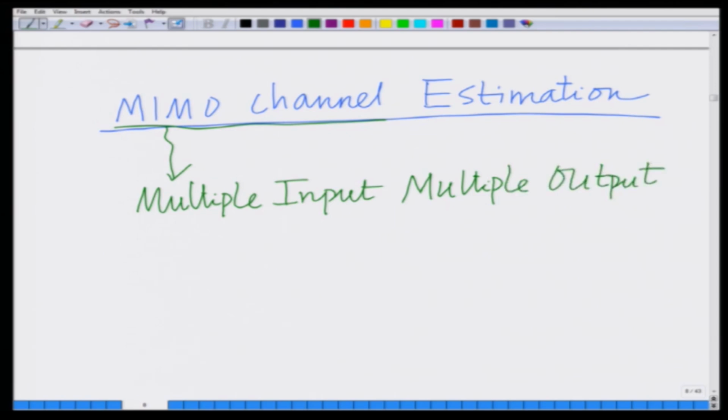And in particular the multiple inputs that we are referring to are the multiple transmit antennas.